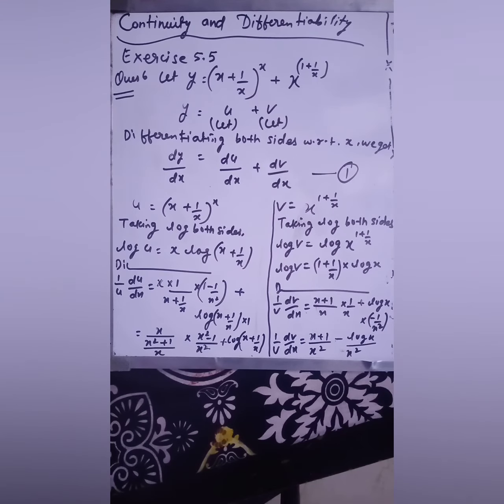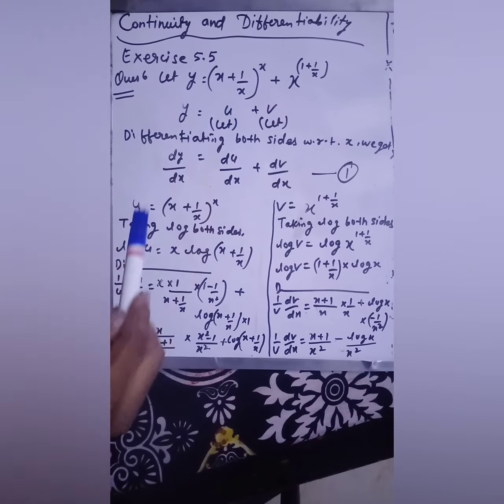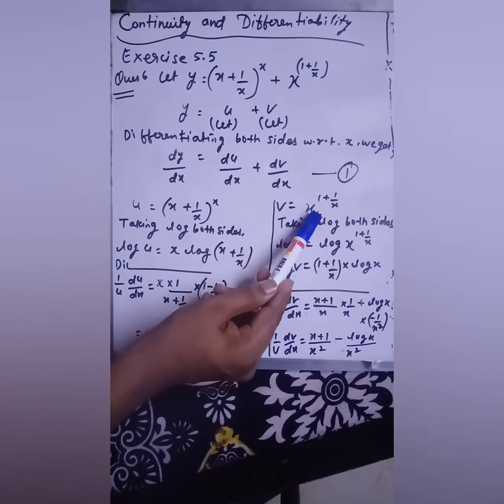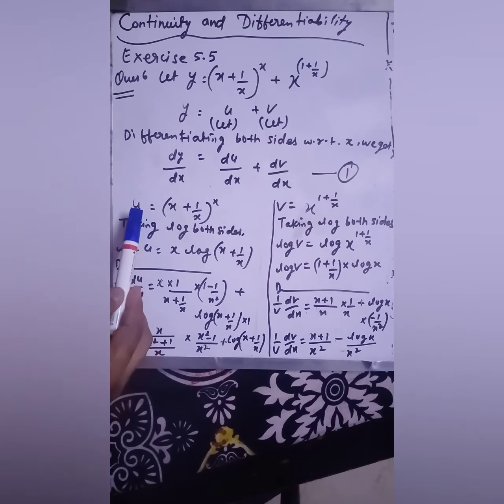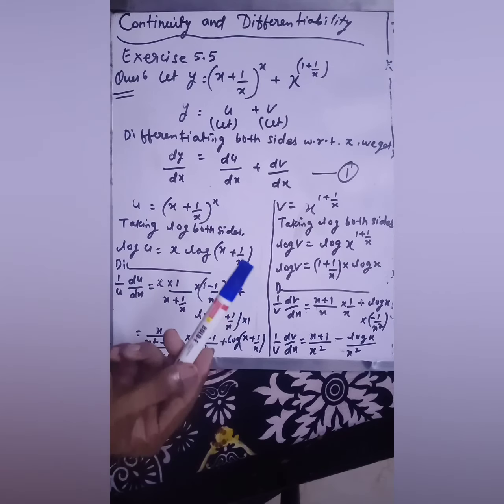After this, we assume that this is u and this is v. Here this has a power x, so if you take log, it will be very easy for us to solve this question.